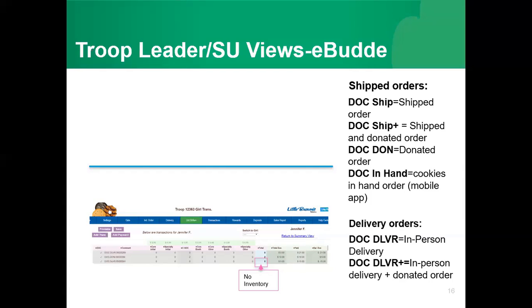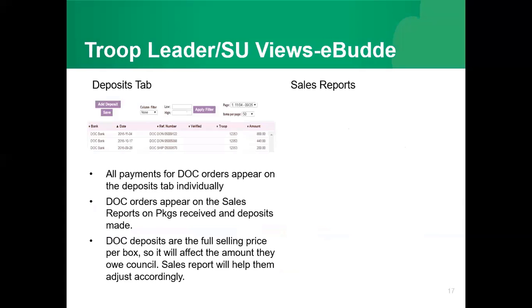The parent can do a sale for in hand of all of the cookies purchased and use their own debit card to send the payment to the troop account using the credit card, and it will reduce the amount the troop owes in the ACH. And I will show you that on the sales report. I know this is a little confusing, but when you get in there and they start to process through, you'll really see how this works.